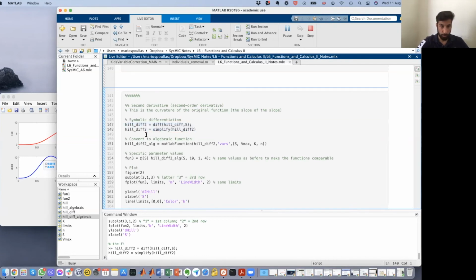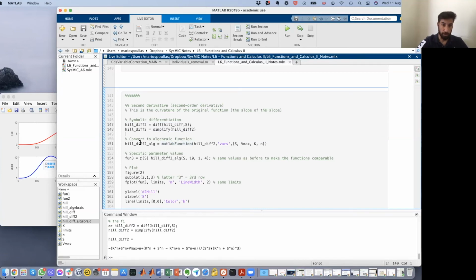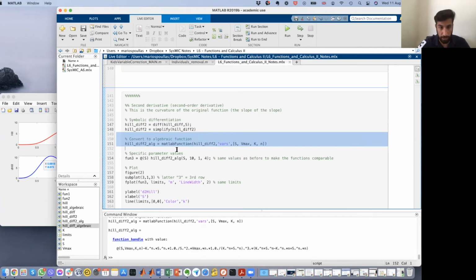Then, as we did earlier, we are using the MATLAB function here to convert into the algebraic function. Using specific parameters, we are creating the function. All the time we are using the same values in order to have the functions comparable.